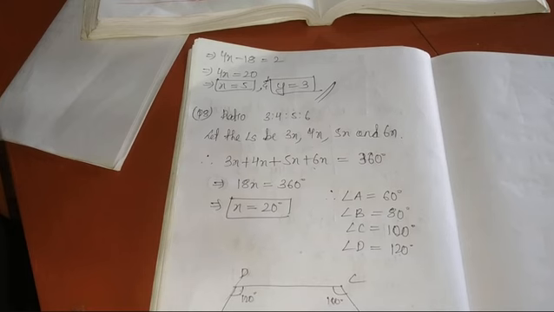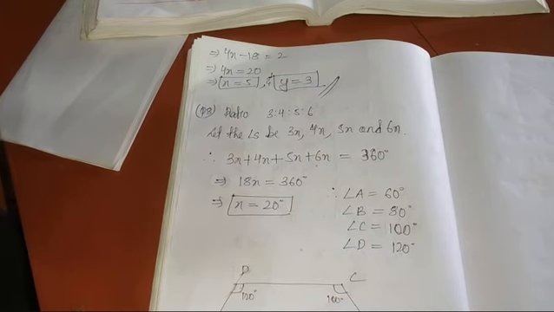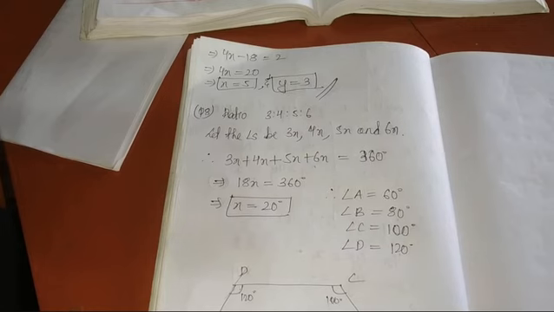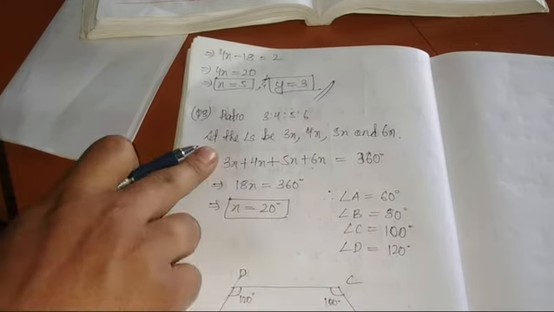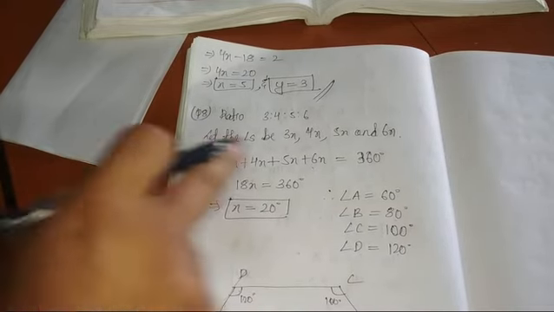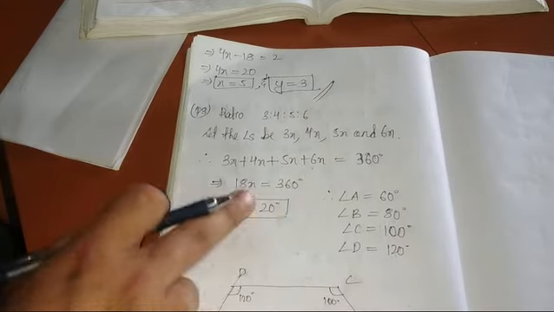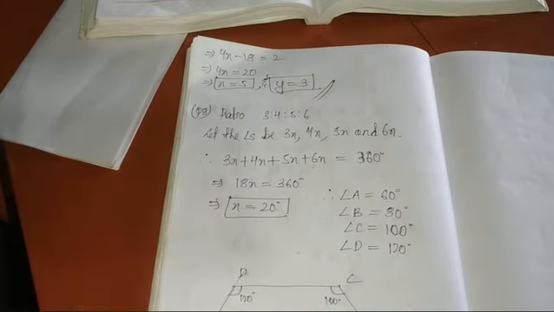If I add them, the sum should be equal to 360, since it's a four-sided polygon. So 18x equals 360, so x equals 20 degrees. Putting in the value of x, the first angle is 3 into 20, which is 60, 4 into 20 is 80, 5 into 20 is 100, and 6 into 20 is 120 degree.